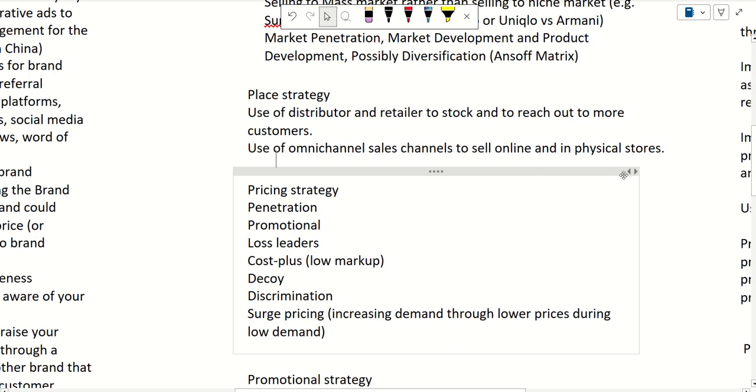Okay, place strategy. Place strategy is particularly important in increasing sales volume, because now you might want to think about whether or not you really want to use a distributor and retailer to stock your products and to reach out to more customers, right? You want to sell more means you have to reach out to more people. You want to reach out to more people, you need to probably have partners that can help you sell.